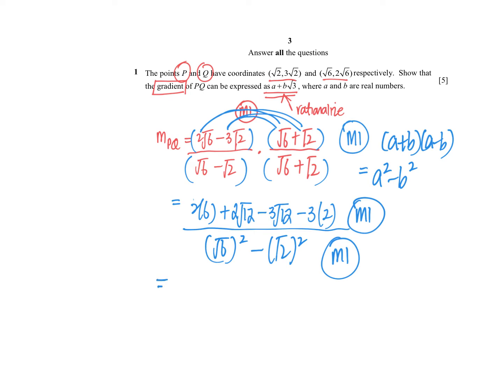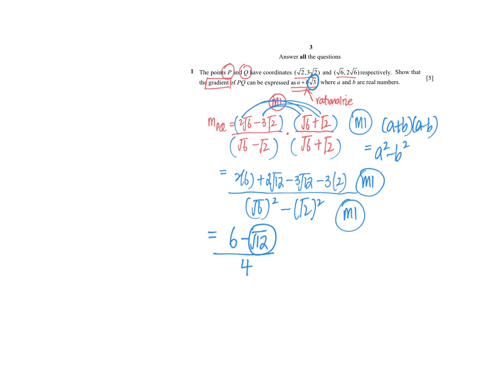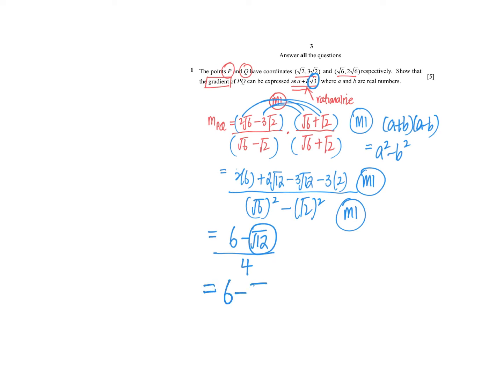Final answer, 12 minus 6 is 6 minus root 12 over 4. Okay, but they want your answer to have root 3. So you have to split this into 2. If they don't want it, maybe not do it. If they put root 12, then no need.